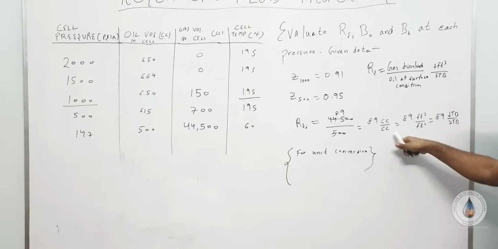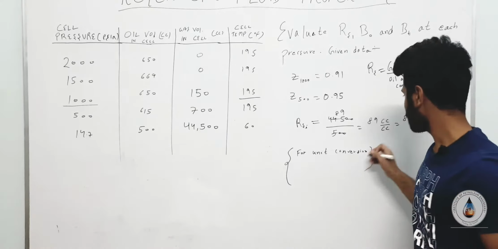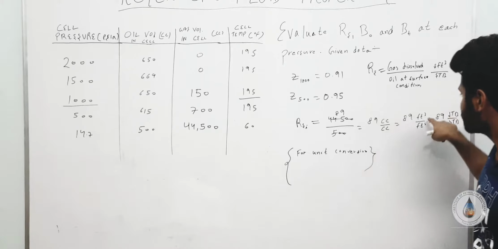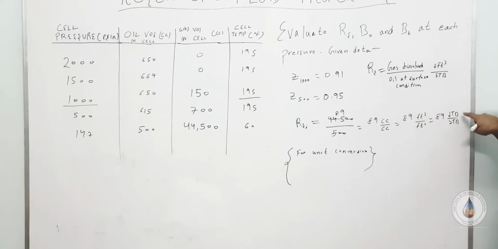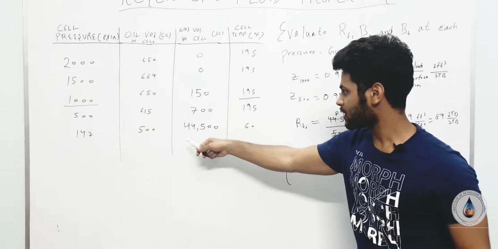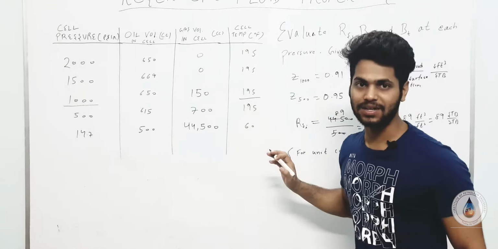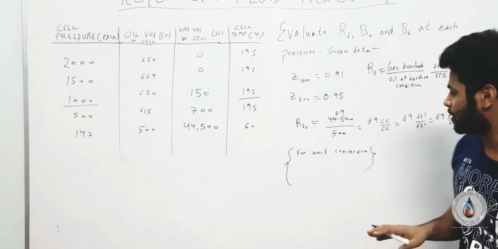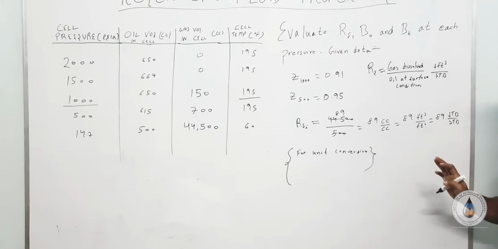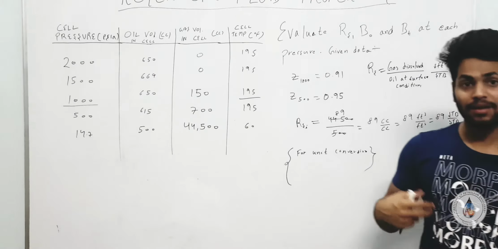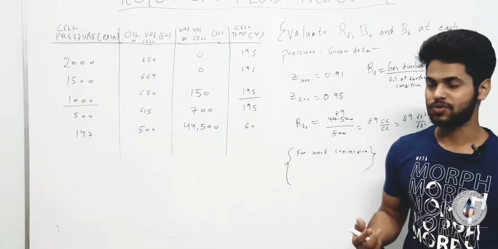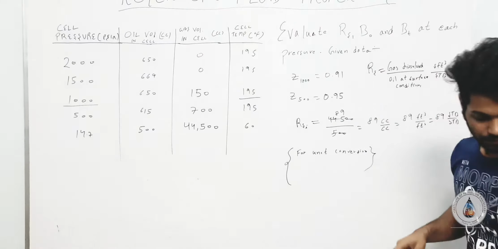I can convert this unit because cc upon cc will be equivalent to feet cube upon feet cube and stock tank barrel upon stock tank barrel, because the entire data is at surface condition. So I won't have any problem converting these units if the unit is in my surface condition values.